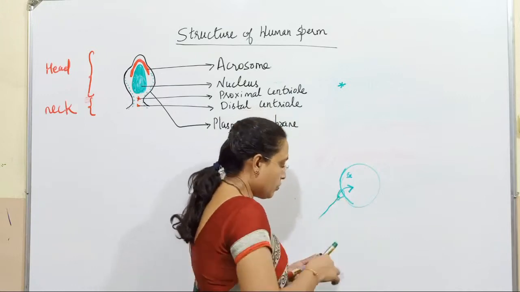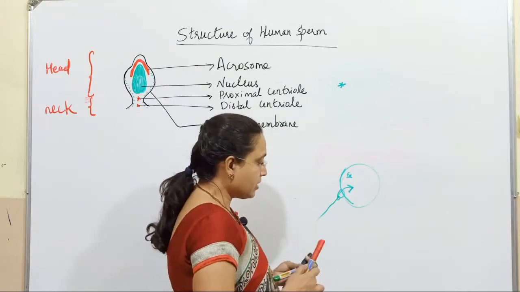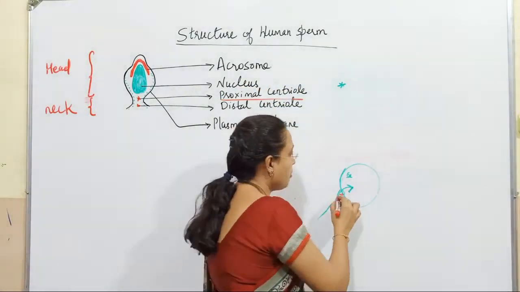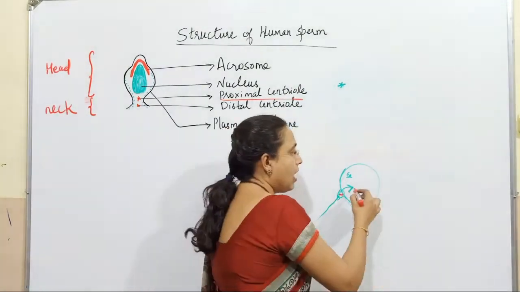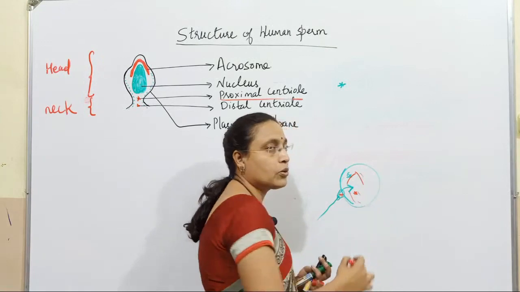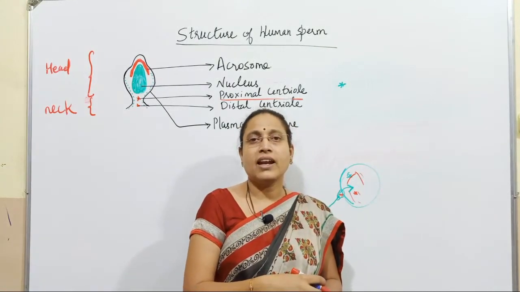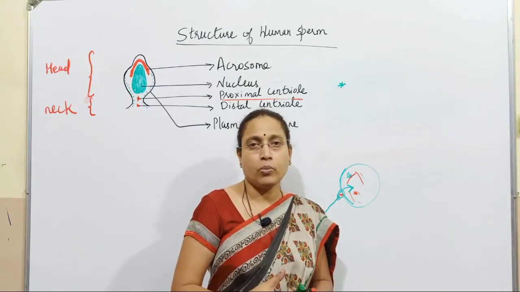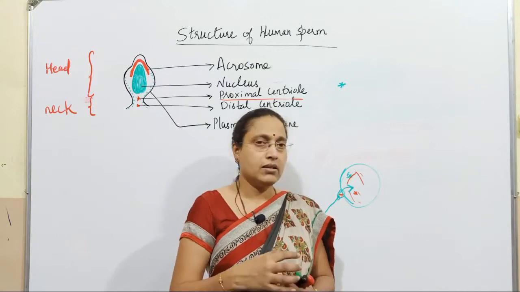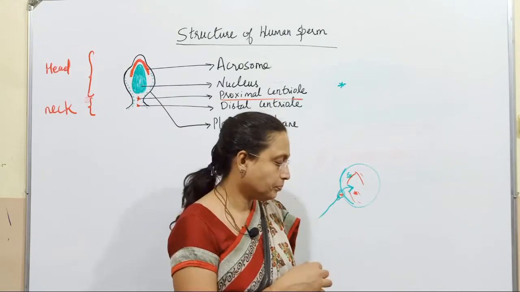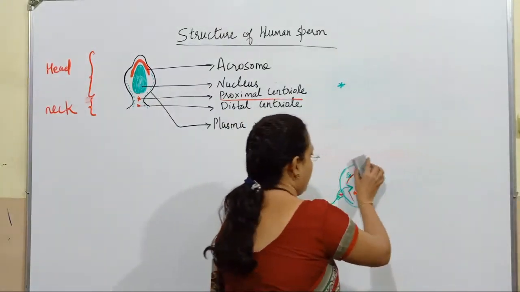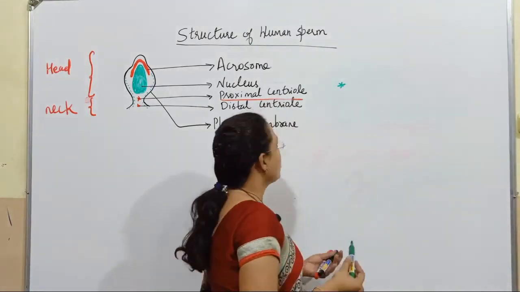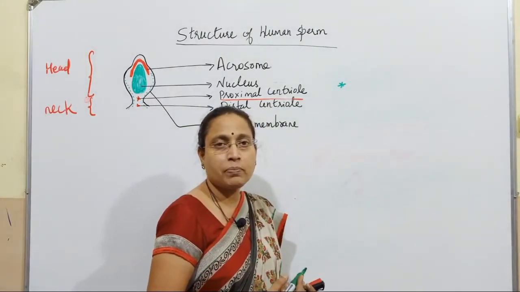So the sperm contributes its proximal centriole, and once the zygote is formed, it starts producing spindle fibers. So they are very necessary for spindle formation. Spindle formation is more referring to a specific function. So the proximal centriole produces spindle fibers.